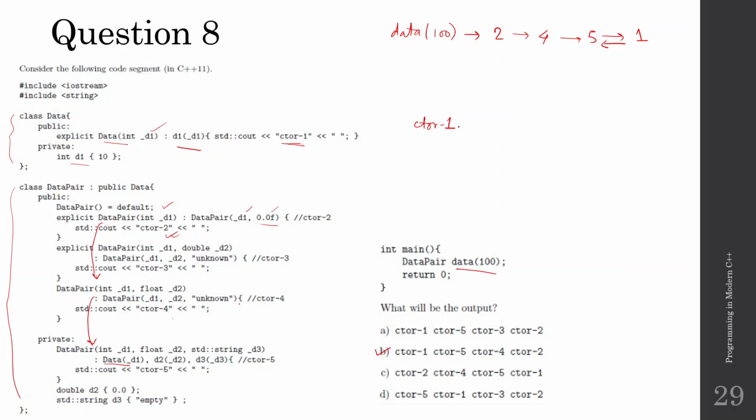So first constructor 1 will be printed, then it returns here, then 5 goes over the initializer list and then it will run its own function body which will print setter 5, then it will return back to 4. 4 will finish doing the initialization and it will run its own body, and it will print setter 4.